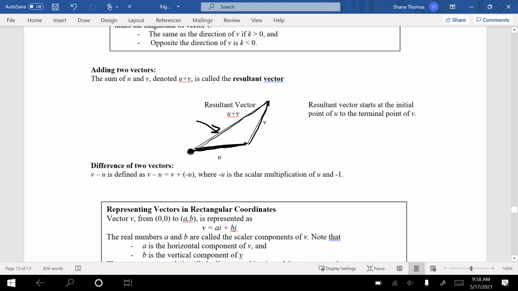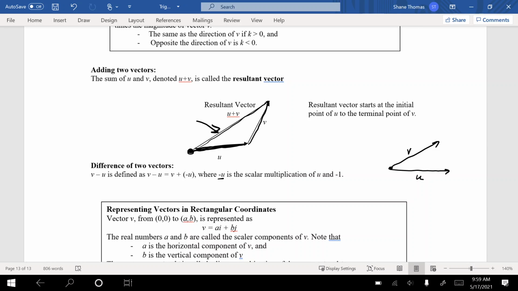For the difference of 2 vectors, it's very, very similar. In this case, though, you would start them at the same place. So we'll say this is v, and this is u. If I want to subtract, it's the opposite. Even by definition, negative u is a scalar multiplication of u and -1. So I would do the same thing as with the addition.